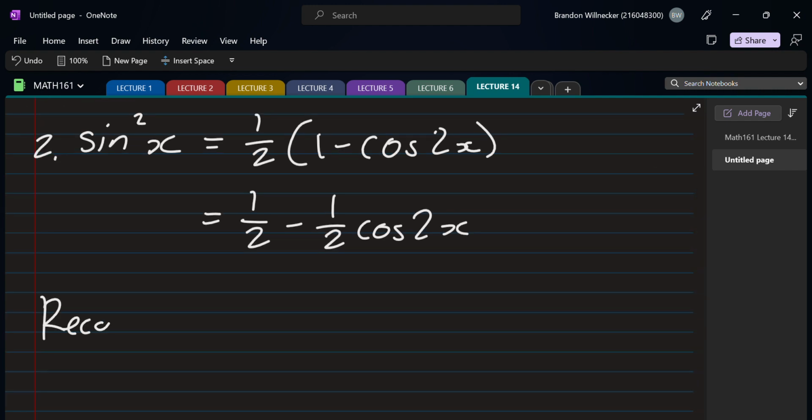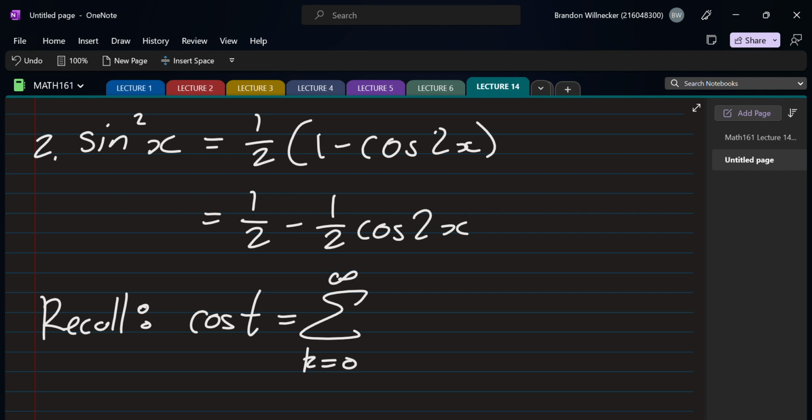So recall, if we have cos t, we can write that as the sum k equals 0 to infinity of (-1)^k over (2k)!, because you're always looking at the even terms, so it must be 2k, and then t to the 2k, again, we want all those even terms. Sorry, not x, that should be a t.